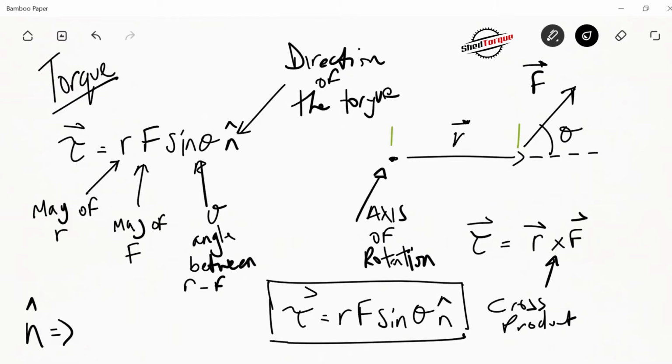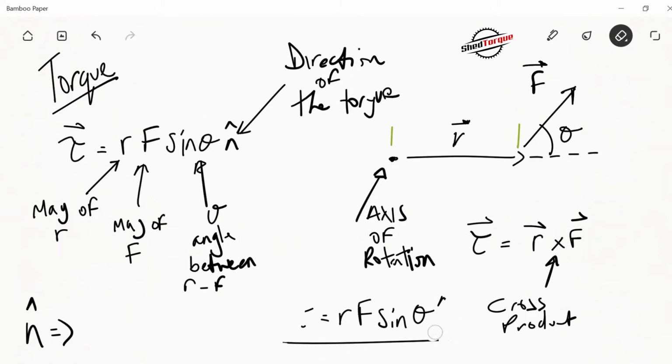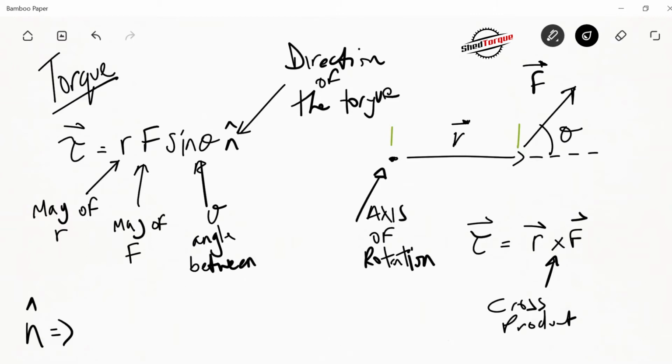Let me rub this out one second. Running out of space. Right. Okay. So the way you do that is something called the right hand rule, which is what I explained in the video.